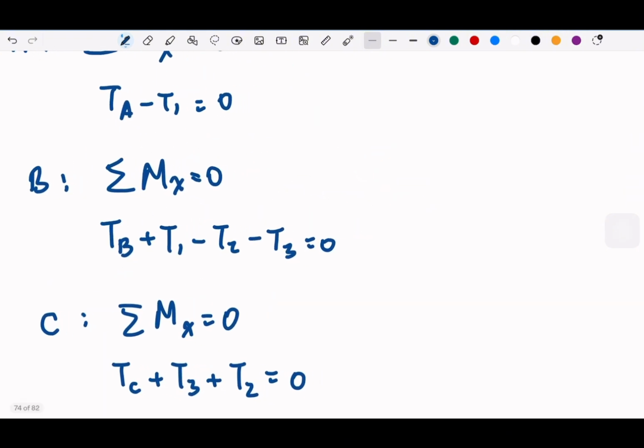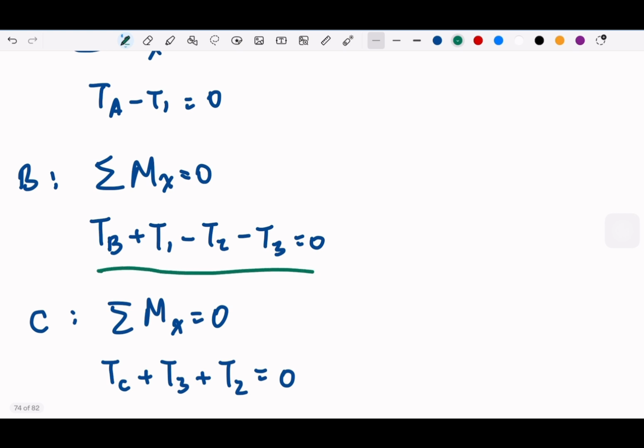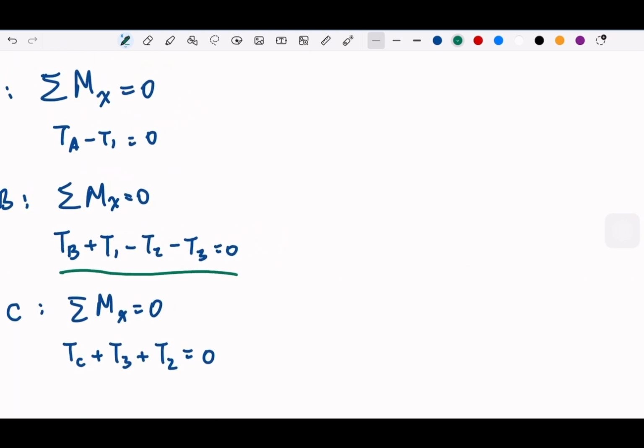So if we just take a look at joint B, because they have all the components, that is important, 1, 2, 3, and TB. So we have TB is equal to negative T1 plus T2 plus T3. Okay.